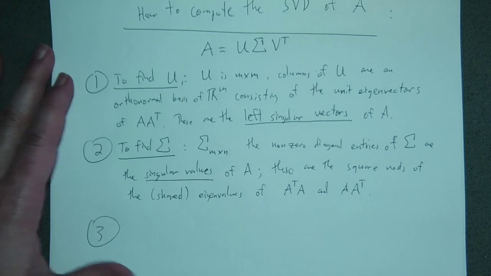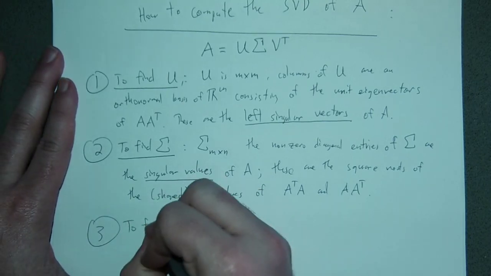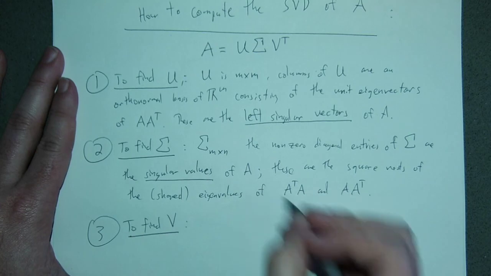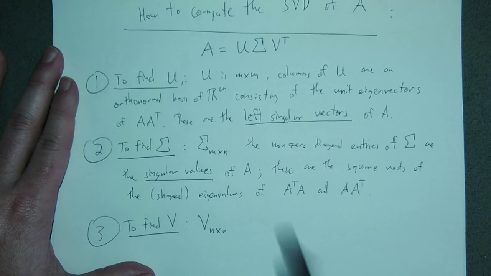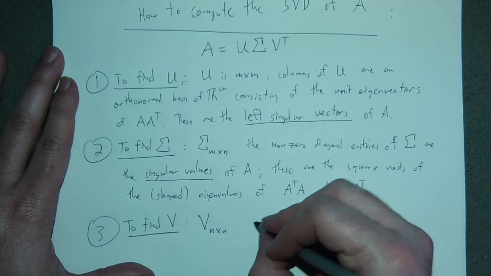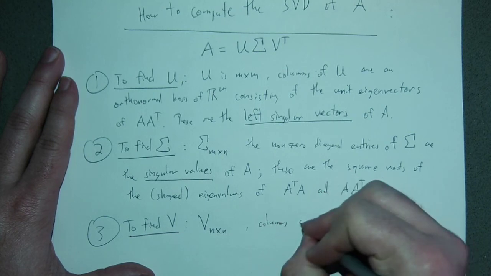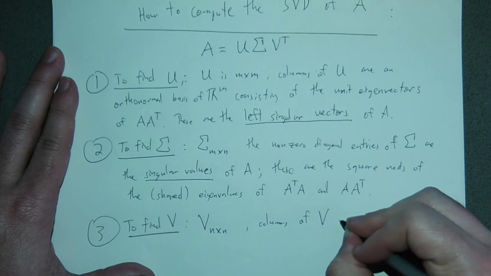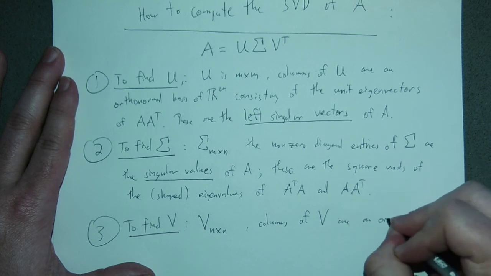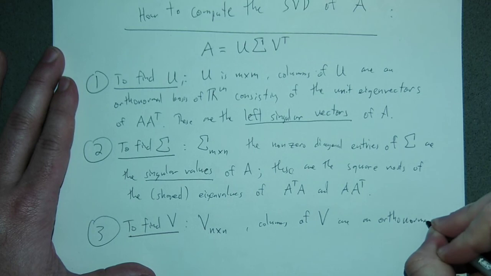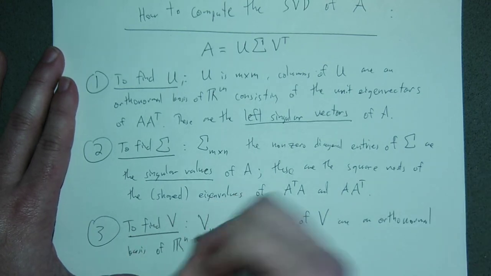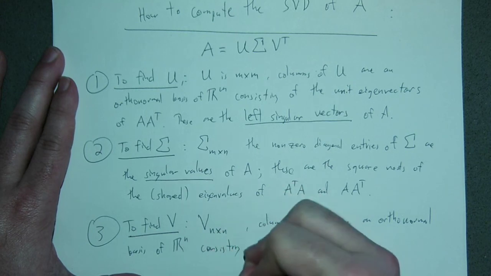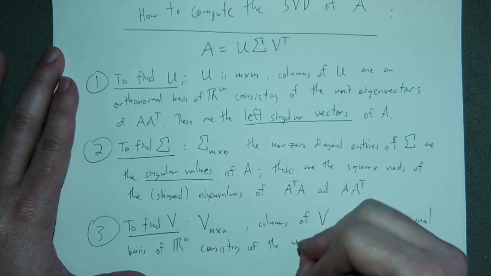Lastly, to find V, so V is n by n. You might have already guessed what it is just from the first two. The columns of V are an orthonormal basis of R^n consisting of the unit eigenvectors.